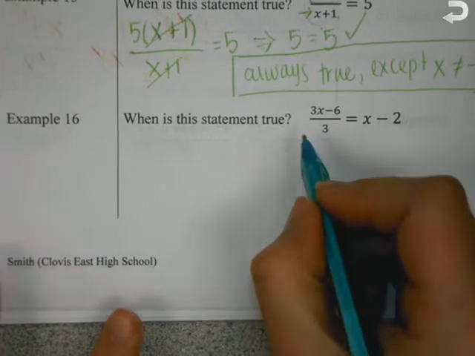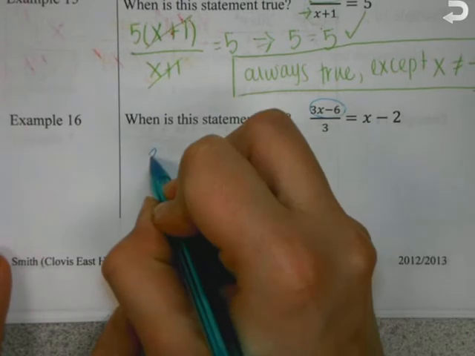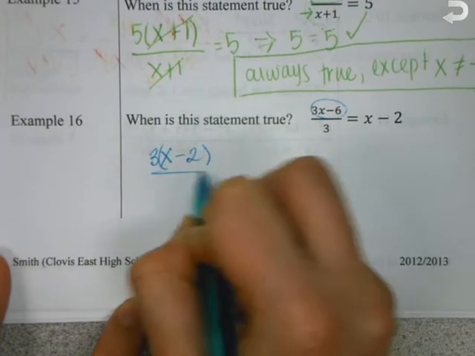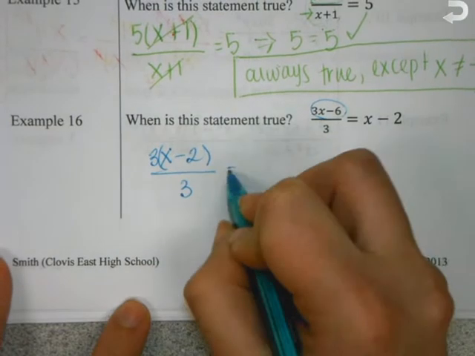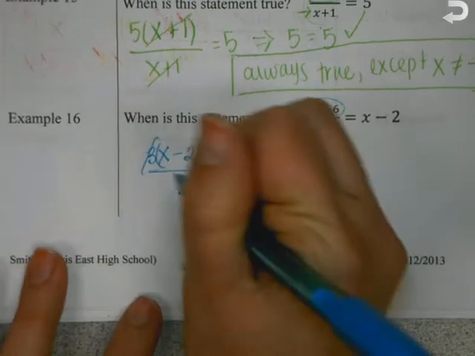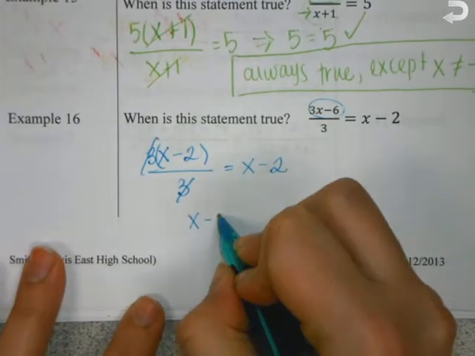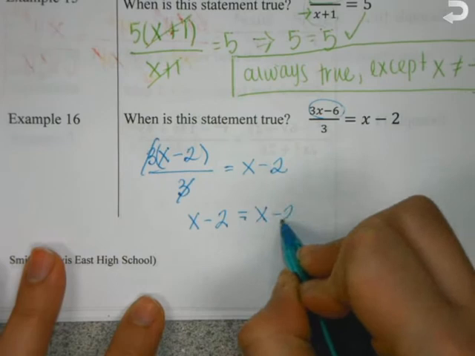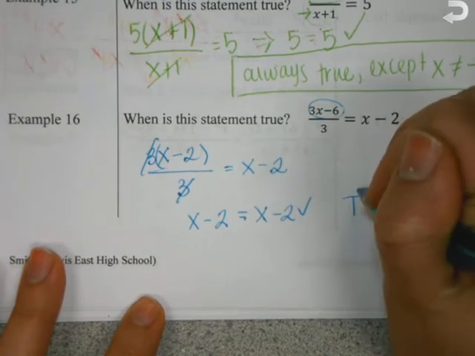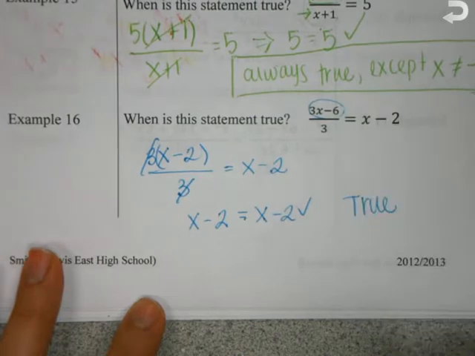Is that a true statement? Yes. So it is also true. Looking at my denominator, am I restricted at all? No. So it is true for all values of x. Because it's not possible for me to ever get 0 in the denominator, it is always true.